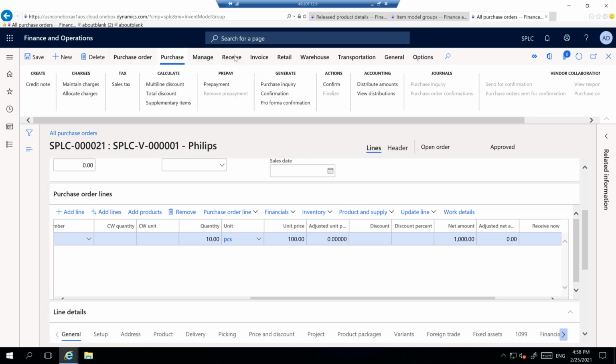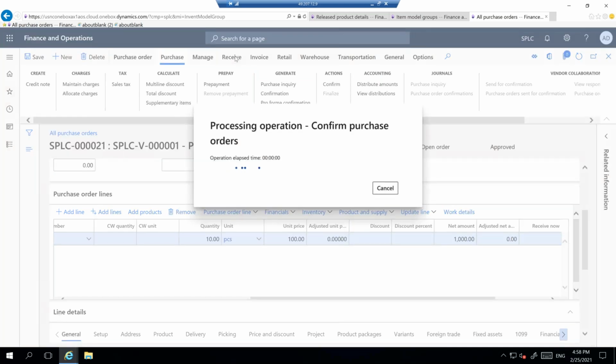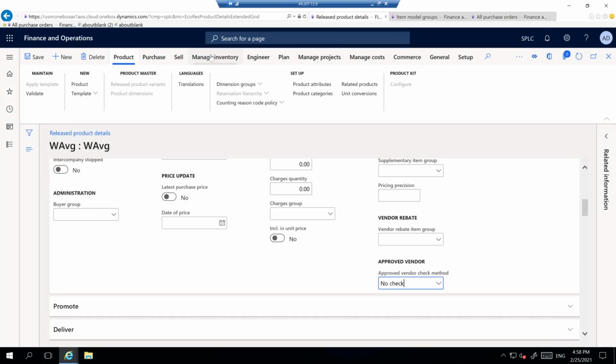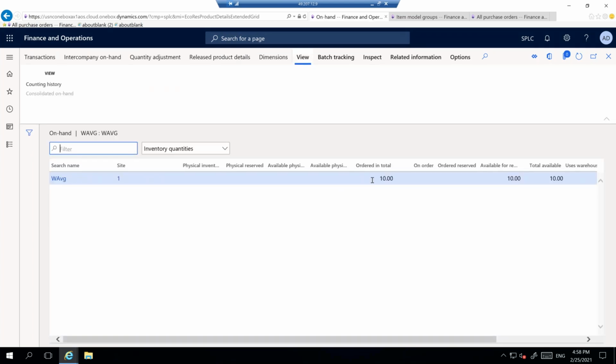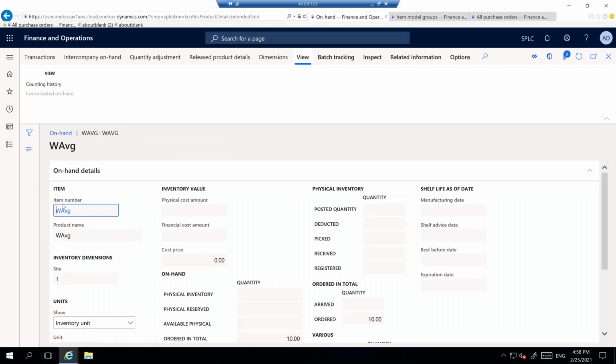I will do product receipt. Parallelly we'll see what is happening in the item master. In this manage inventory, on hand inventory, if you look at this, the ordered quantity is 10. Click on search name WAVG. If you learned 2012, this will be confusing.